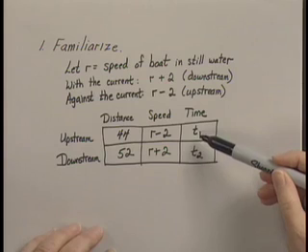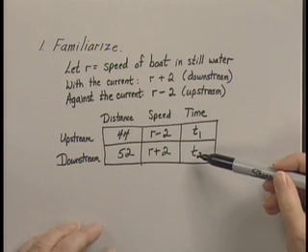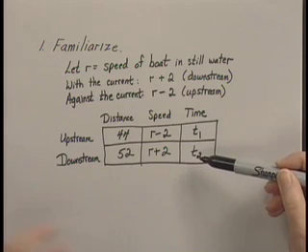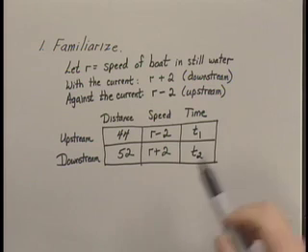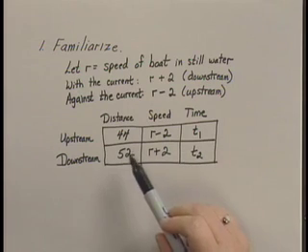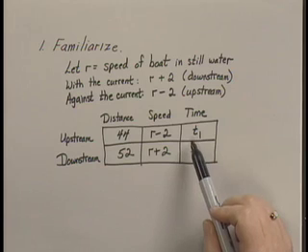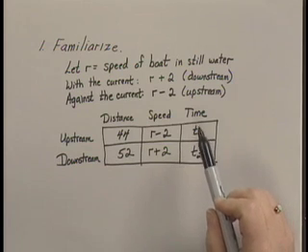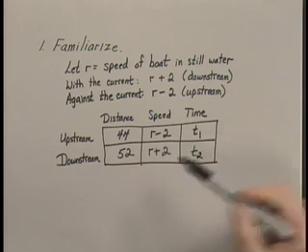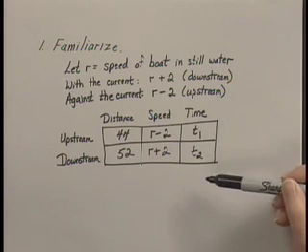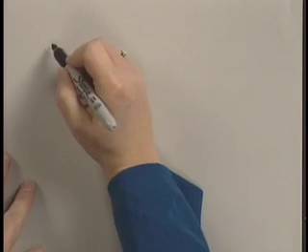And I remember that these times are a total of 4 hours. Well, I can move to the translate step next. In the translate step, I'm going to use time equals distance divided by rate, because I'm going to want to add the times together to get 4 hours. So my next step will be to translate.